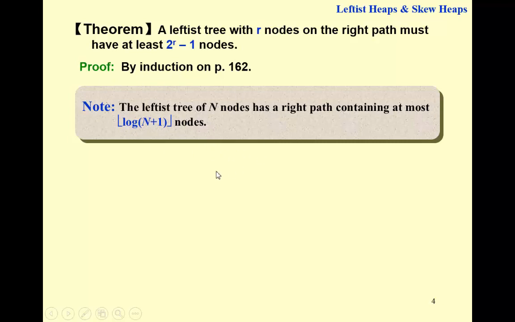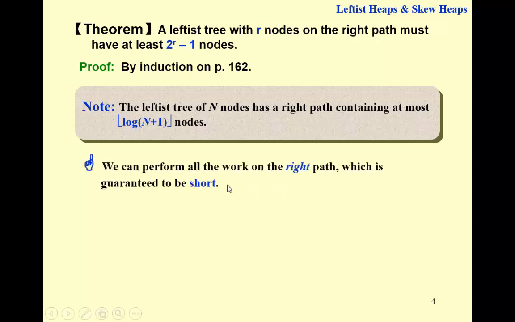So what does it mean to us? It means that the tree is skewed to the left, and it's guaranteed that its right path is always quite short, bounded above by log n. It means that if we can get everything done along the right path, then it's guaranteed to be big O of log n.